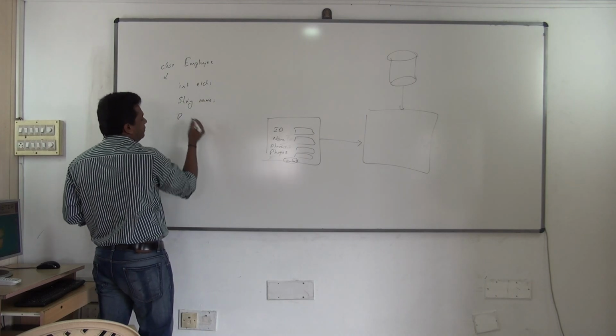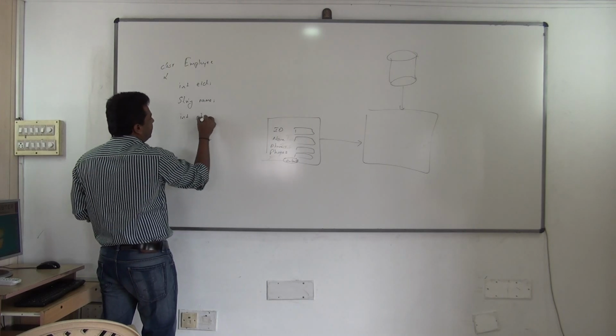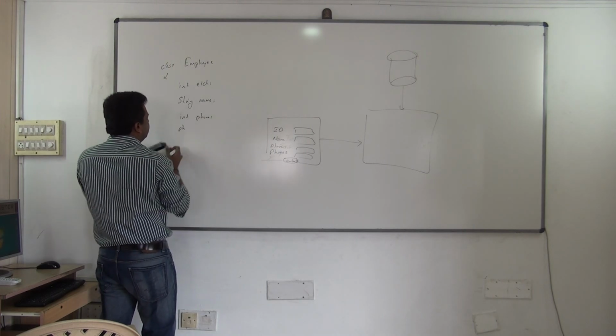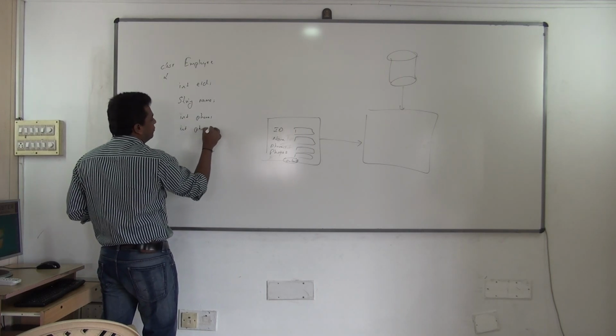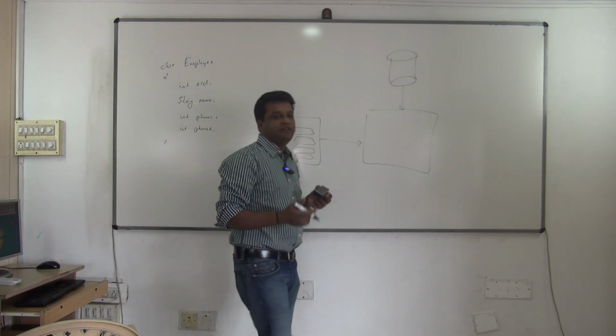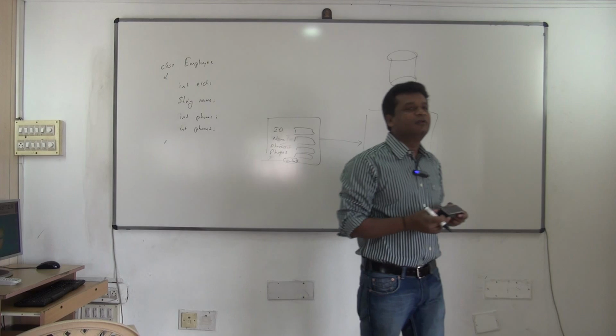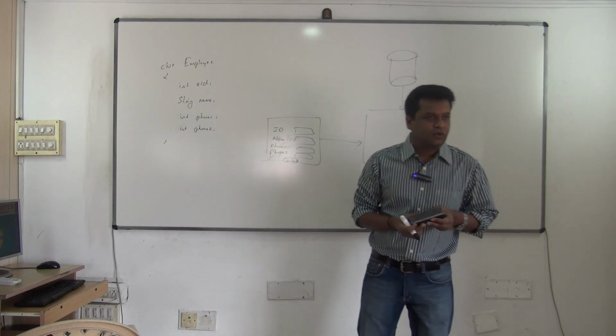Then I have to write two phones now: int phone1, int phone2. But if you see here, they are both of the same type. Yes or no? Instead of going for two variables of type int, I can go for an array. Understood now? This is one option.